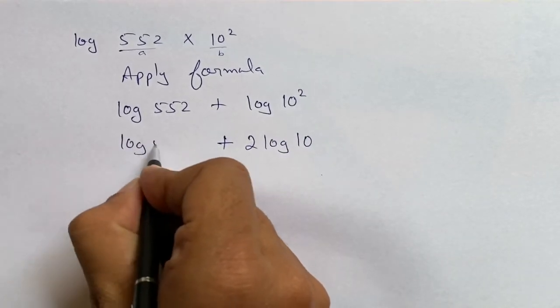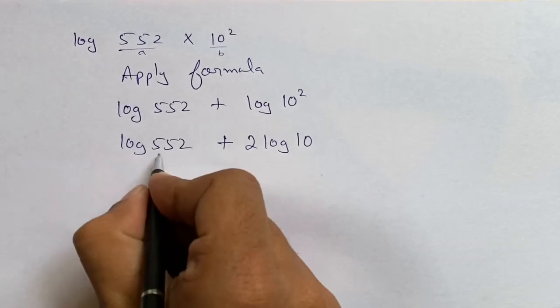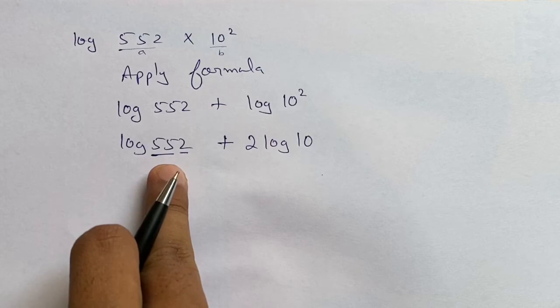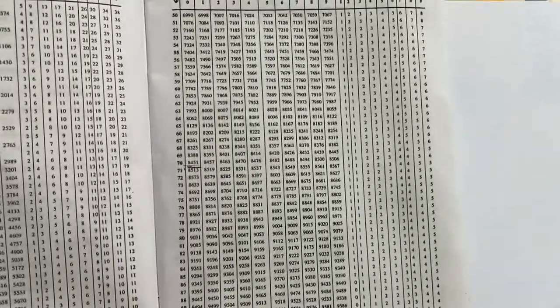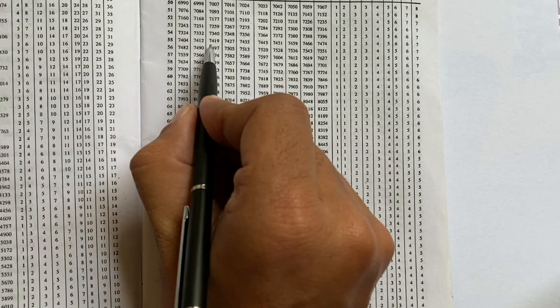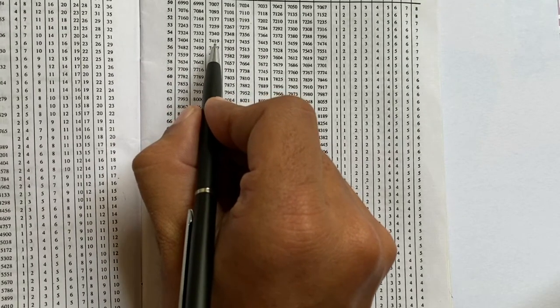Log 552, pair it 55 single 2. Look at the log table. 55 under 2, it comes out to be 7419.